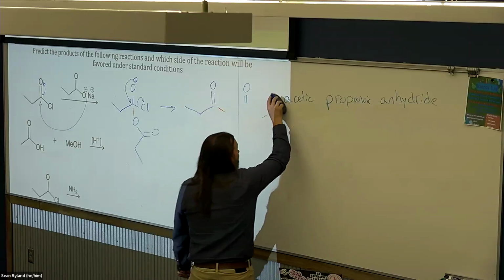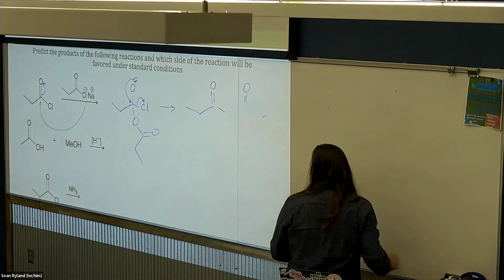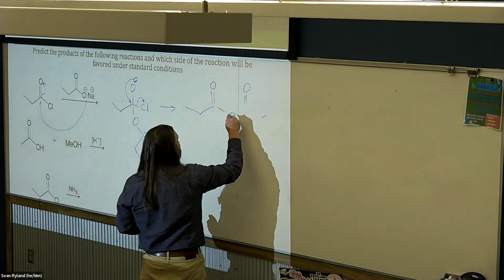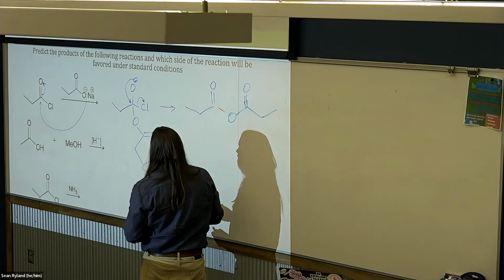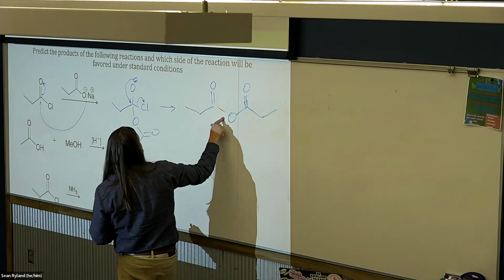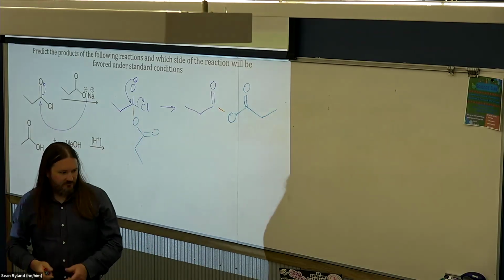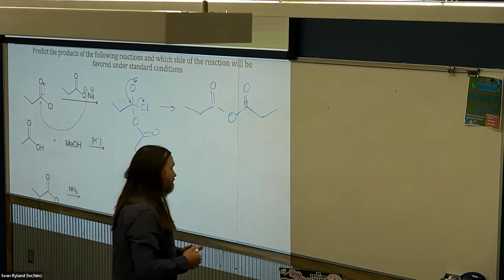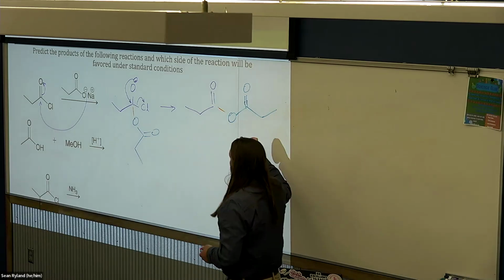Sorry, before I erase all of this, let me redraw that. Which side is favored in equilibrium? Sorry, this or this? Wait. Yeah, chlorine is our most reactive, so it has to be our products.